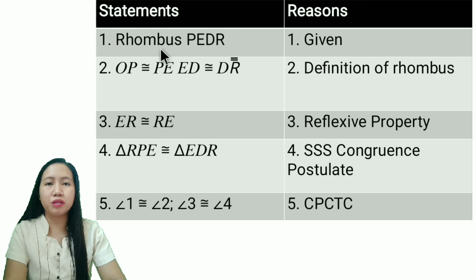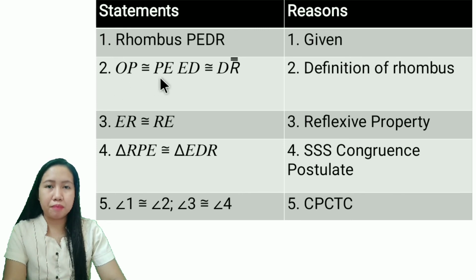Okay, we have the following statements and the reasons. Number 1, rhombus PEDR. Reason is given. Number 2, line segment RP is congruent to line segment PE, and line segment ED is congruent to line segment DR by definition of rhombus. Number 3, line segment ER is congruent to line segment RE by reflexive property.